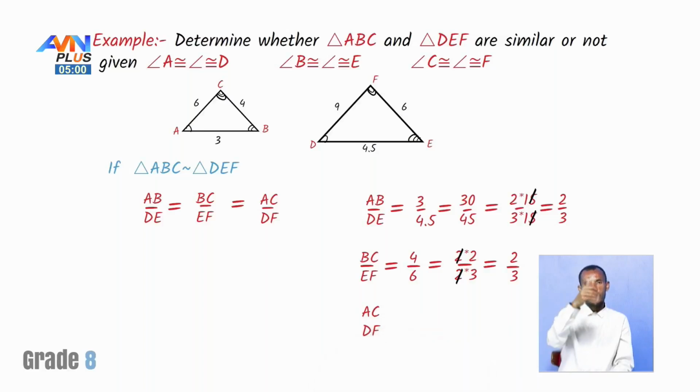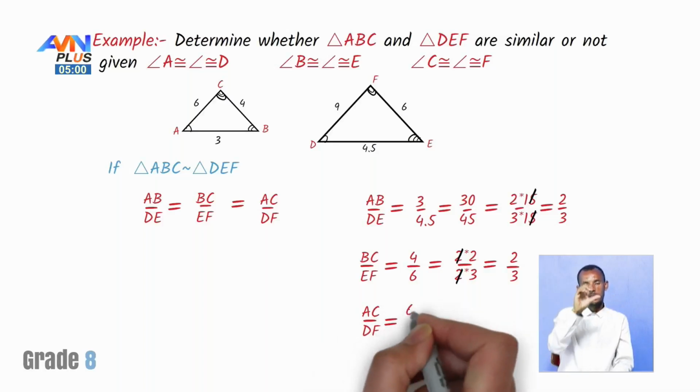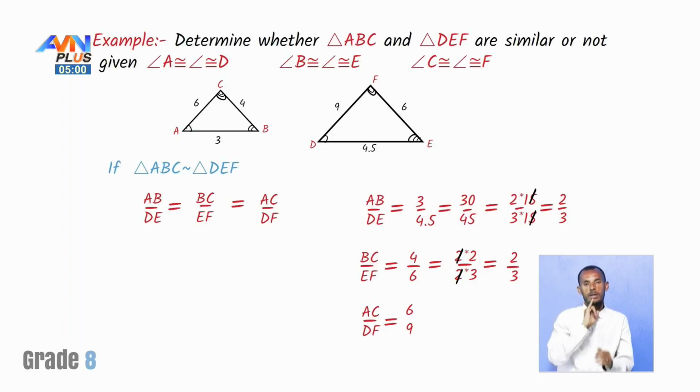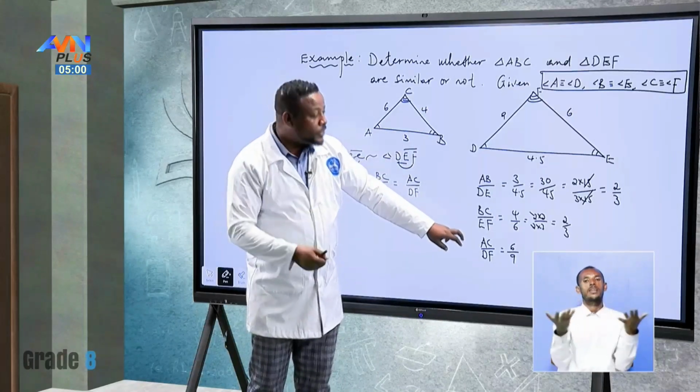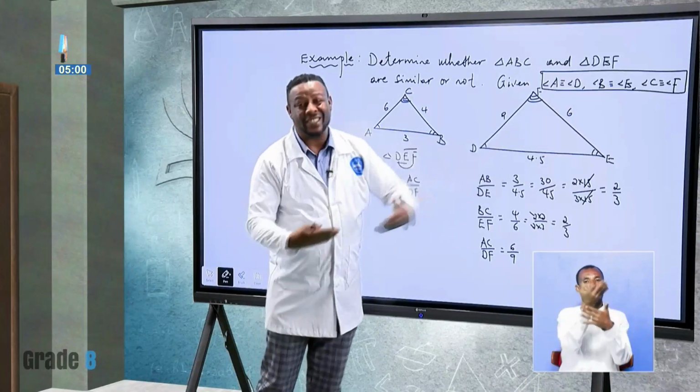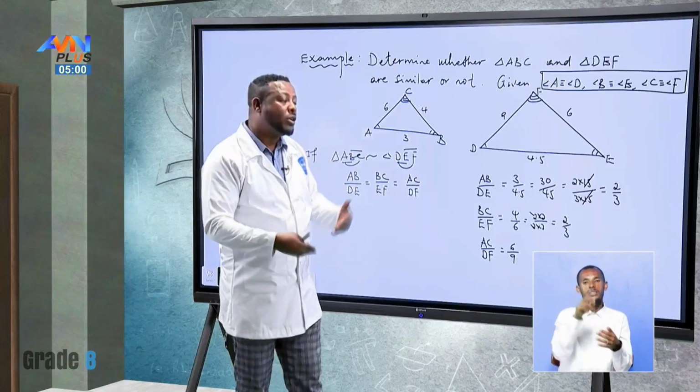AC over DF is, AC is 6, and DF is 9. Okay, now you need to write this in the simplified form so that we can see whether they are the same or not.